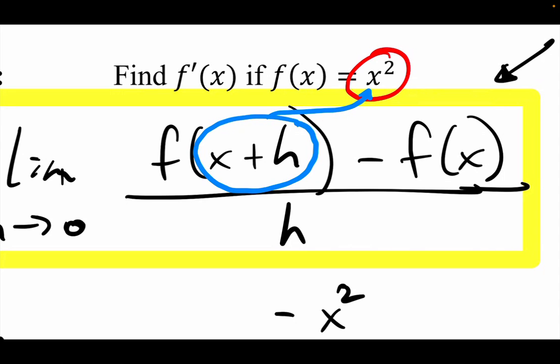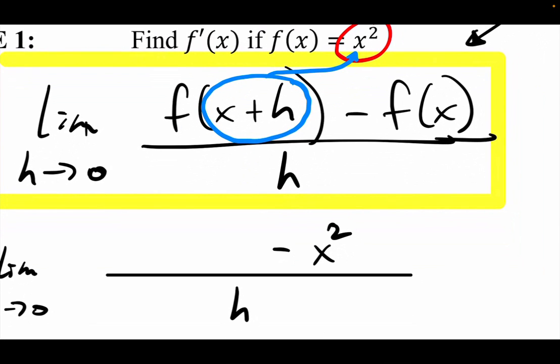So what did I do on the last one? Use parentheses, right? I'm not going to plug in 6. I'm not going to plug in 3. What am I going to plug in? X plus h. Just like you did. See, that's the thing.